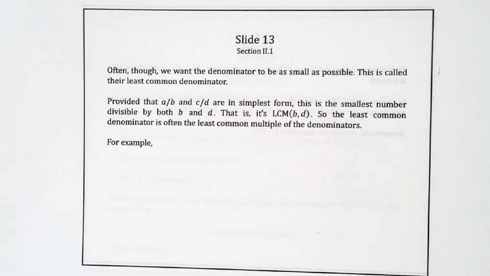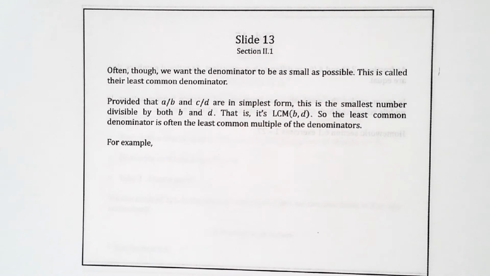If the fractions are already in simplest form, then the least common denominator is going to be the smallest number that is divisible by both b and d. In other words, it's the least common multiple of b and d. So this is how these ideas are related. The least common denominator is often the least common multiple of the denominators.